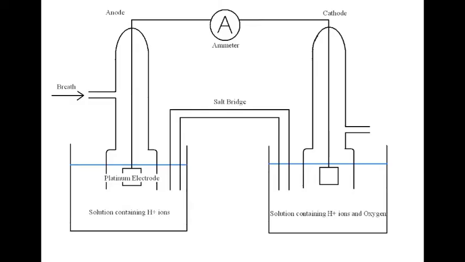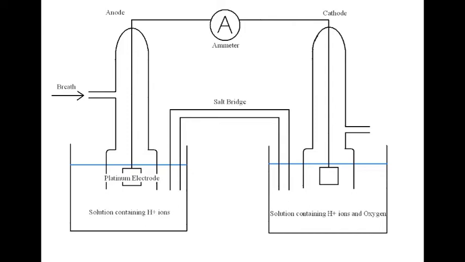Another type of breathalyzer uses electrical current to determine the breath alcohol concentration. As a simplified representation, the breath is collected over a solution containing aqueous hydrogen ions and a platinum electrode, which will act as the anode.